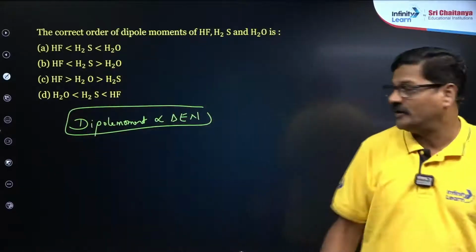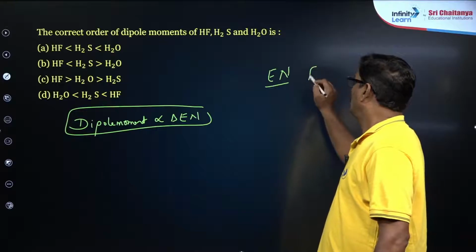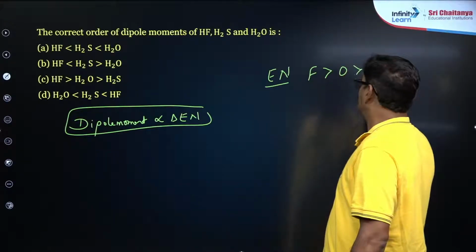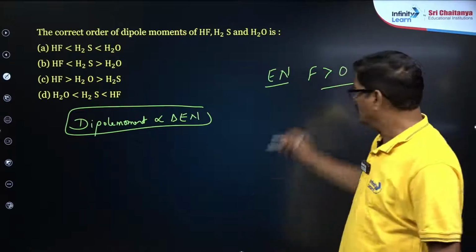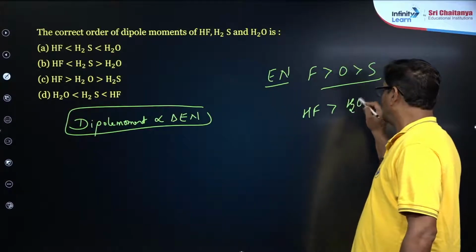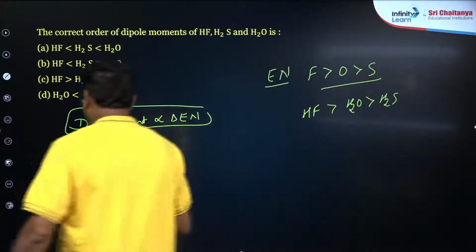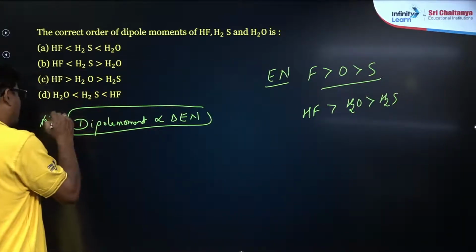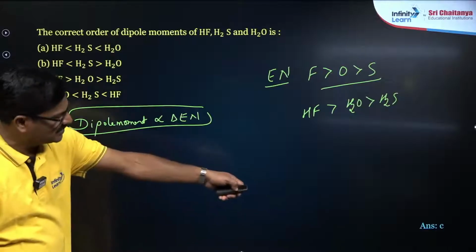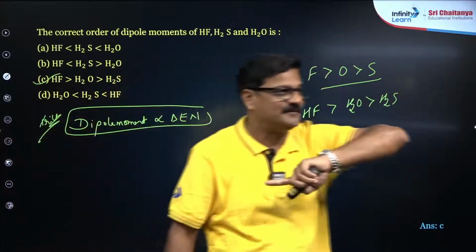So in electronegativity, you can take fluorine is greater than oxygen is greater than sulfur. That's the reason why in their hydrides, HF is greater than H2O is greater than H2S. This is my trick that I can follow to answer this question. The answer is going to be C, the same way we got it.